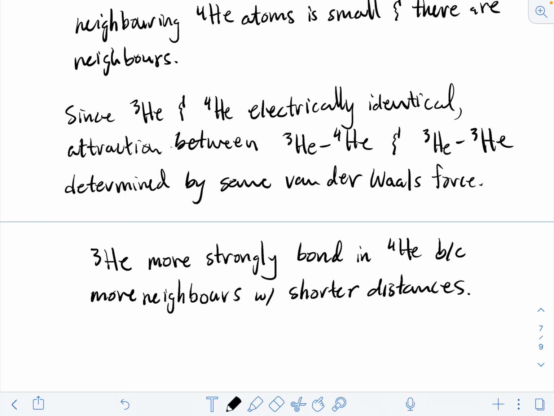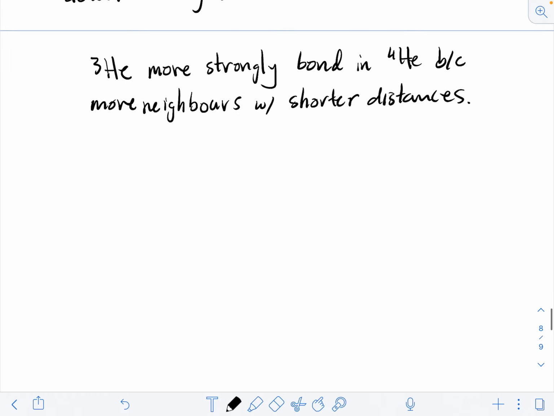Okay, and so the original question is: is it energetically favorable to add this helium-3 to the liquid helium-4 or the liquid helium-3? The answer is it's energetically favorable to add it to the liquid helium-4. Okay, so let's connect this with chemical potential then.